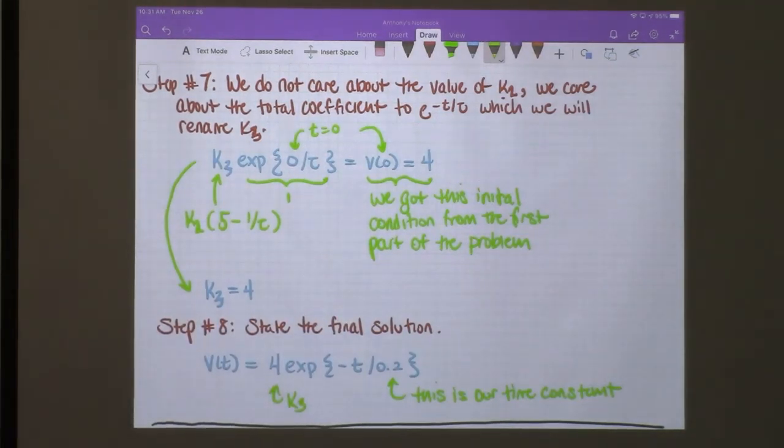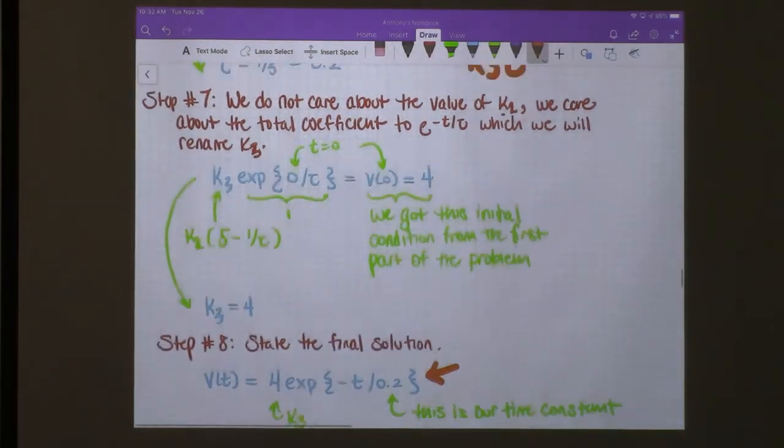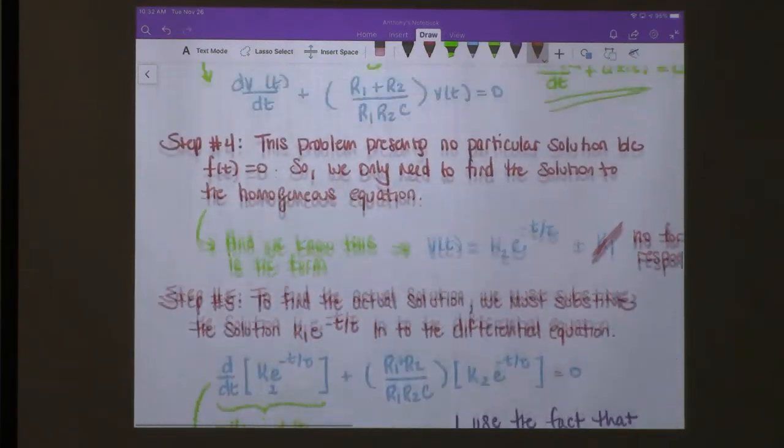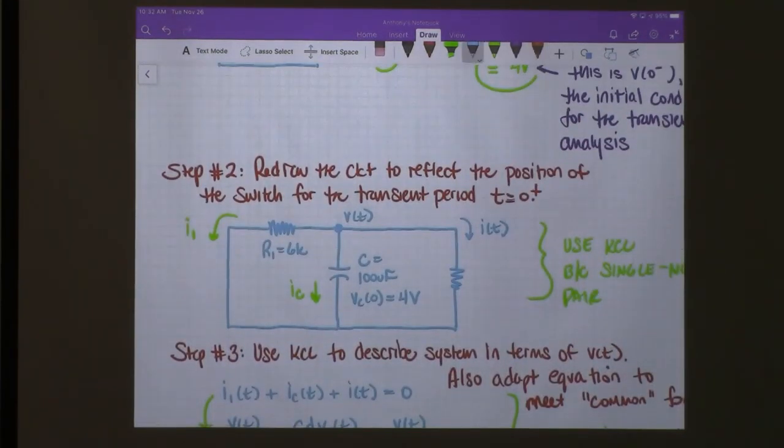Always in the end, the solution that you should expect to get is V of t or I of t, whatever that value is. And in this problem, I think they actually ask you to solve for I of t. That's easy.